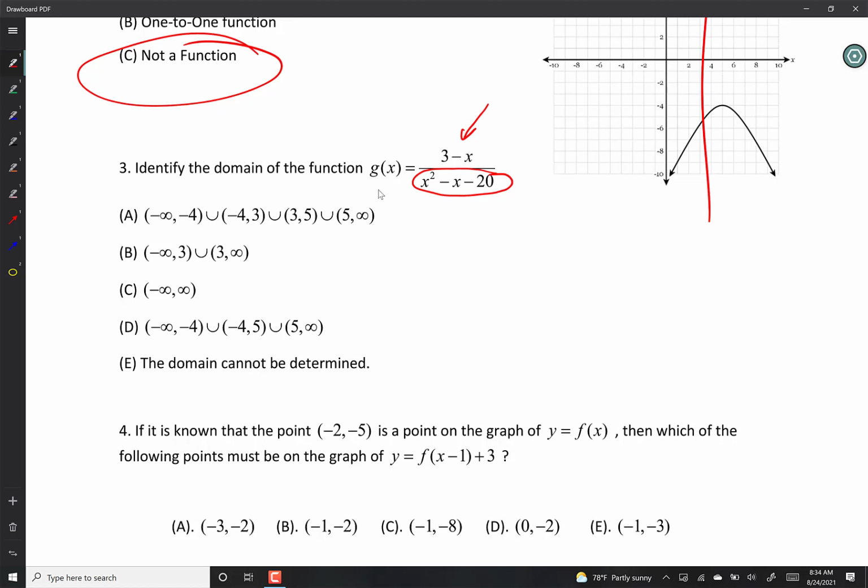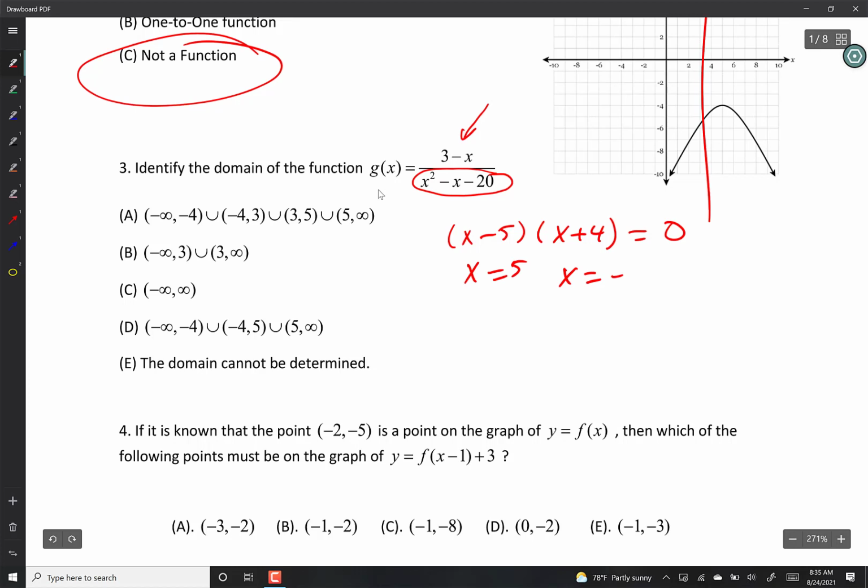So I'm going to find my factors of that. Two numbers that when I multiply give me negative 20 but add up to negative 1. Negative 5 and 4. Yeah. And then you just say what gives me a 0 in the bottom? Well, for sure 5 and negative 4. Those are numbers you cannot use. If it were not multiple choice, you would just tell me all real numbers but those.